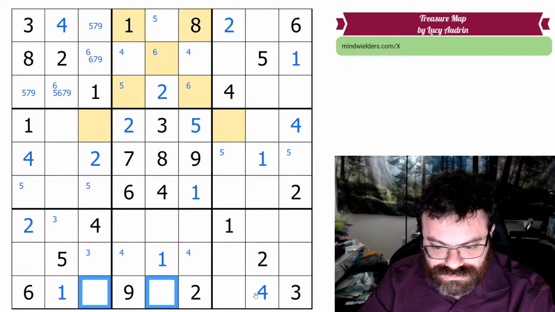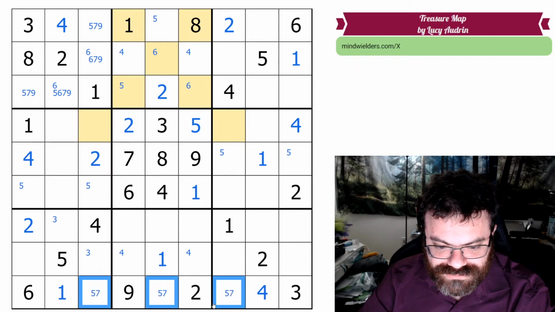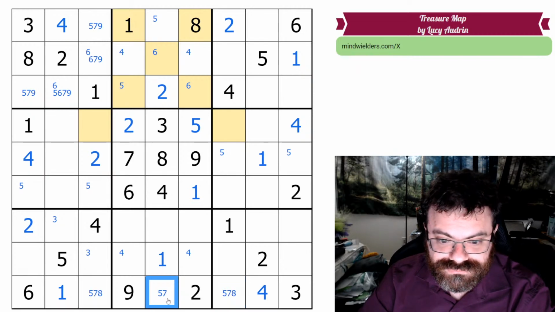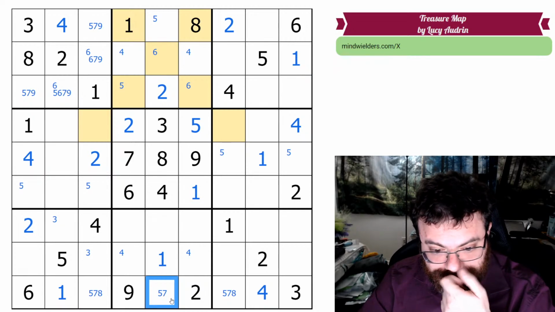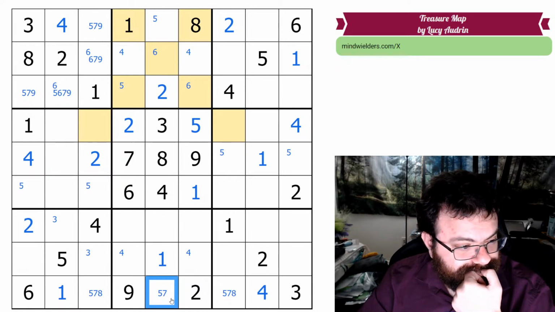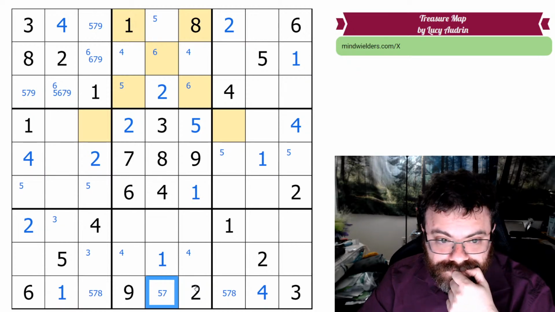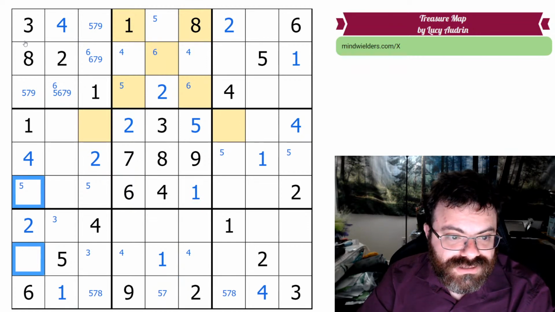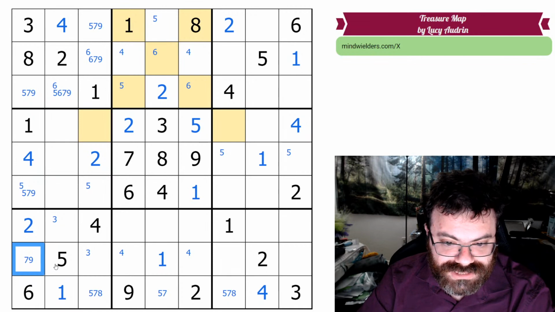All right, this row, we have 1, 2, 3, we need a 5, 7, 8. It's not 8. This column, 1, 2, 3, 4, we need 5, 7, and 9. This can't be 5.